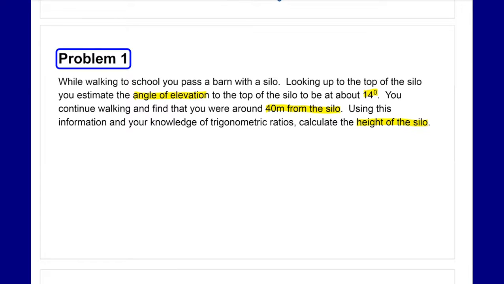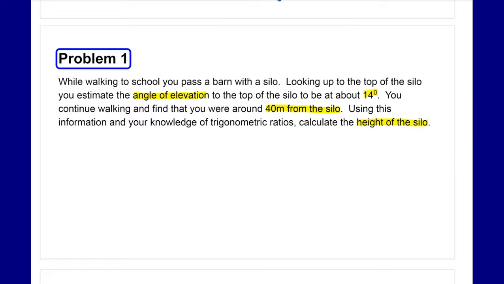A good thing with word problems is to reread the question, think about what we're doing, or find any key information to help us. If you need to, underline or highlight key pieces of information, go right ahead.